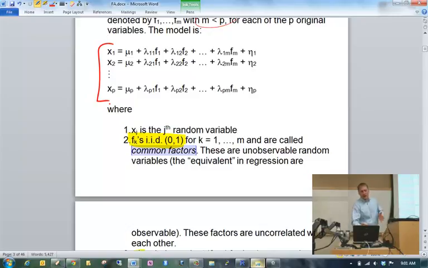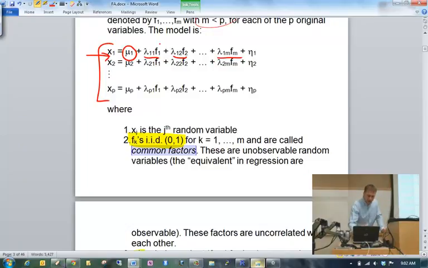And if we look at x1 itself, we see that x1 is equal to its mean plus a linear combination of some lambdas with some f's. These f's are called common factors. The reason why they're called common factors is that they are common to each of the x's.